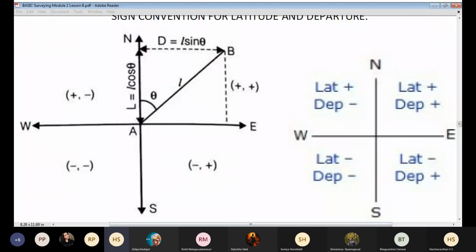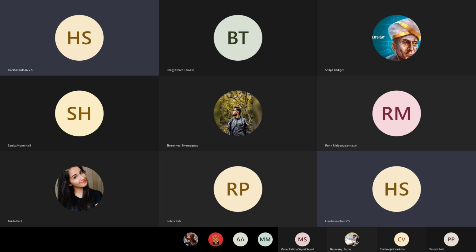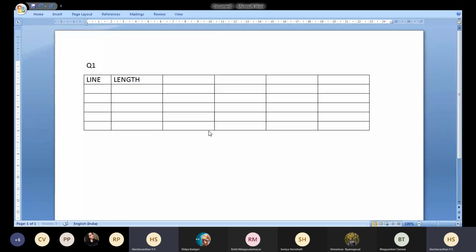Bearings and lengths of all the lines of a closed traverse is given below.